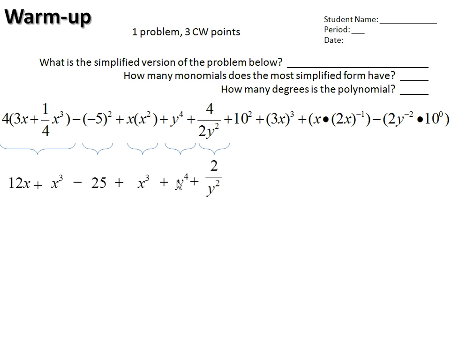This one, the 4 divided by 2 is 2 on top, leaving the y squared on the bottom. That is not a monomial because the y is a variable in the bottom of the fraction. We got 10 squared, which is 100. 27 x cubed. 3 to the 3rd power is not 9.